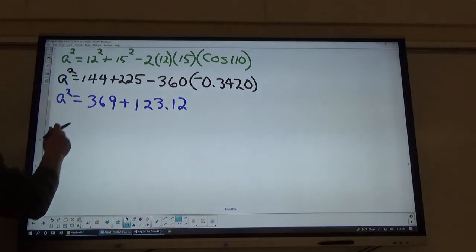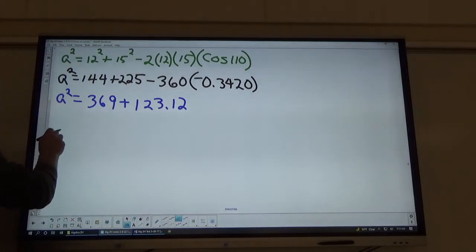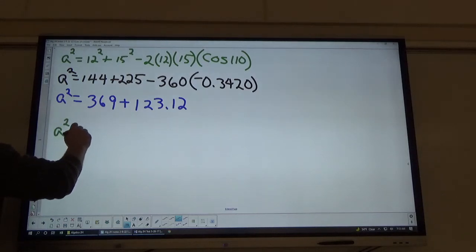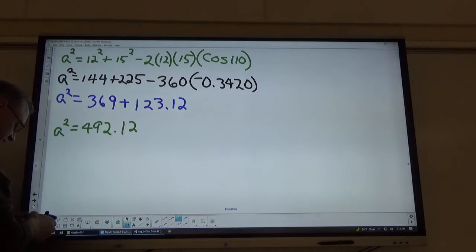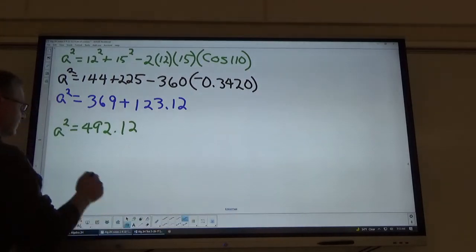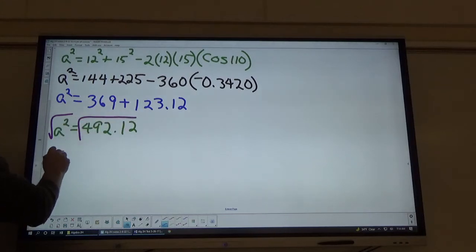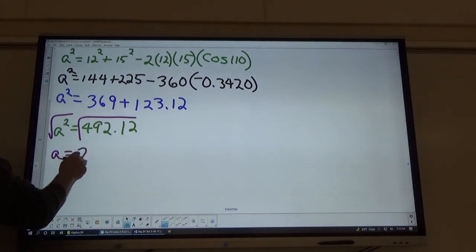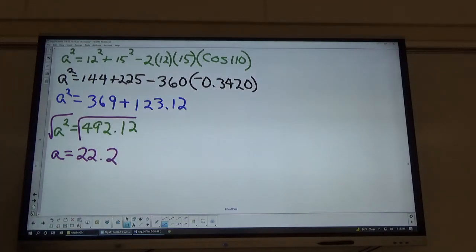So now I'm going to add those two together, plus 369. A squared equals 492.12. Now I have to square root both sides to solve. A equals 22.2. We're rounding to just one place.